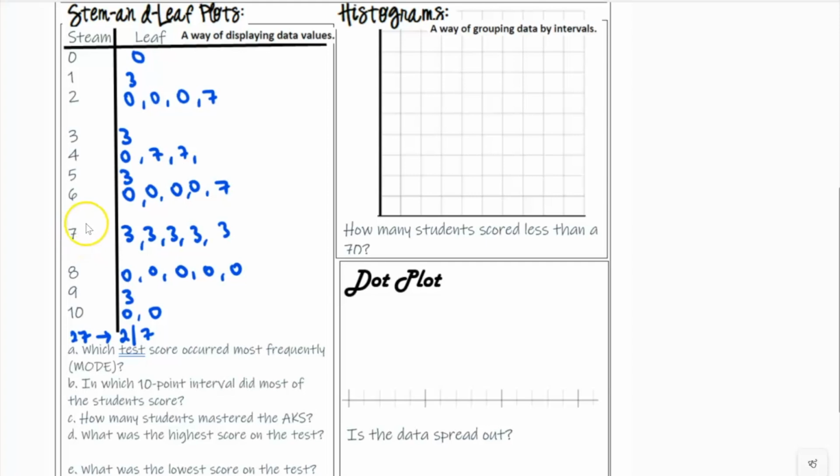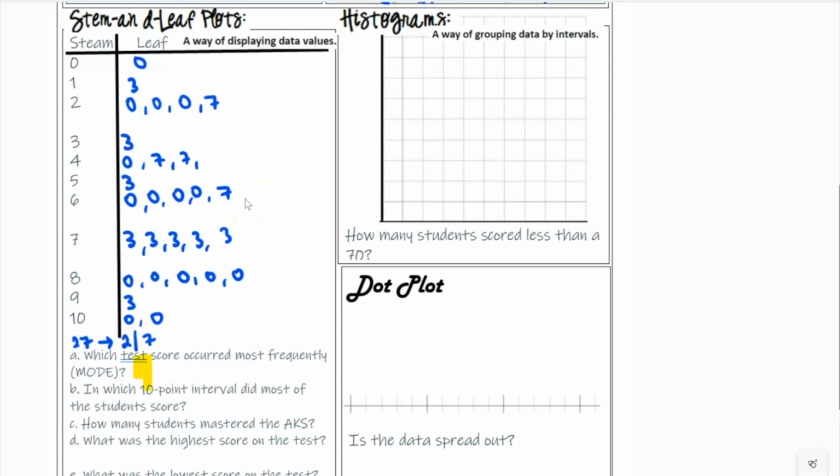So again, what's that number? 73 happens 5 times. So you can have more than one mode. So 73 and also 80 happens 5 times. So you can have 2 modes, and we'll see this later. It's called bimodal. All right, so what is your mode for your data?